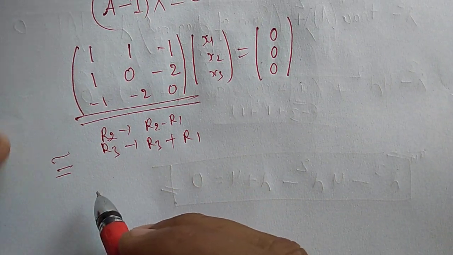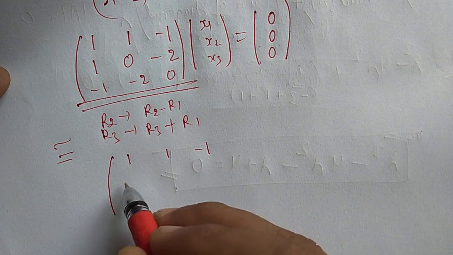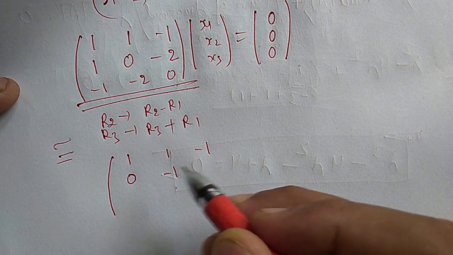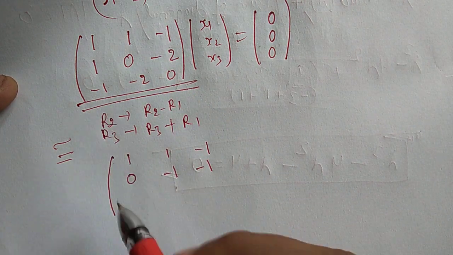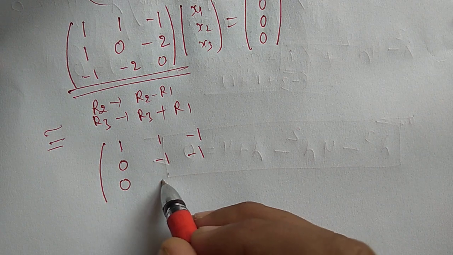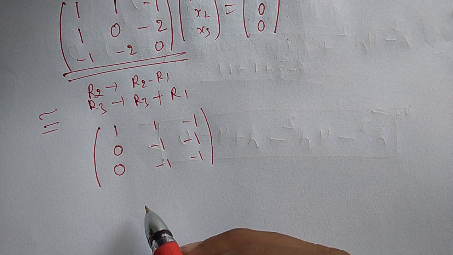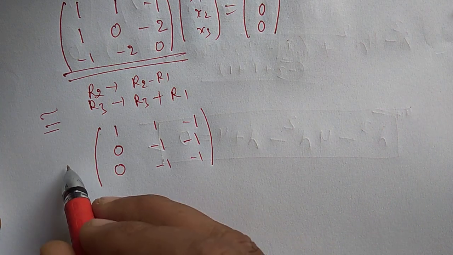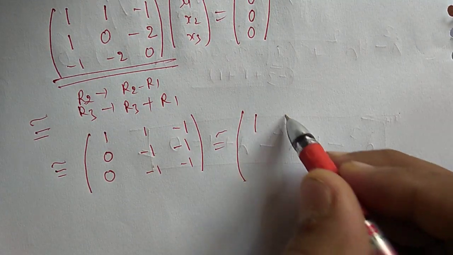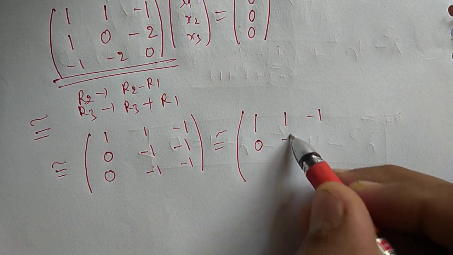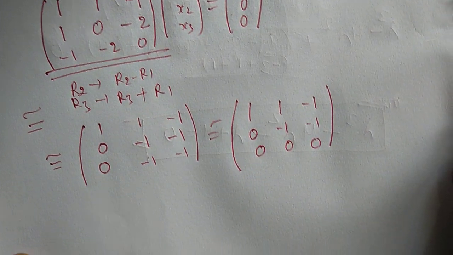So your equivalent matrix will be 1, 1, minus 1; 0, minus 1, minus 2 plus 1, so minus 1; and adding R3 and R1, 0, minus 1, minus 1. If you see, the third and second rows are equivalent, so the equivalent matrix will finally be 1, 1, minus 1; 0, minus 1, minus 1; 0, 0, 0. So this is your echelon form.